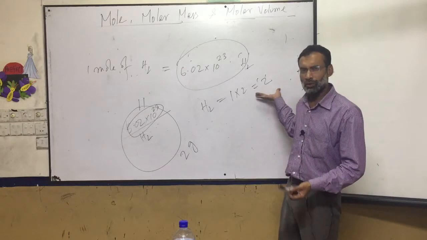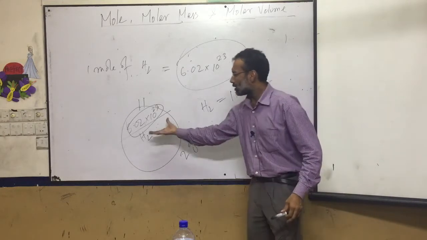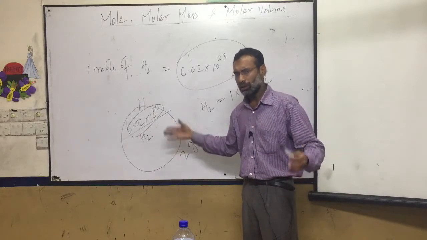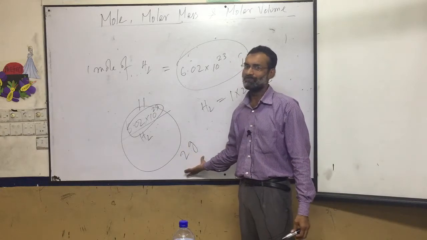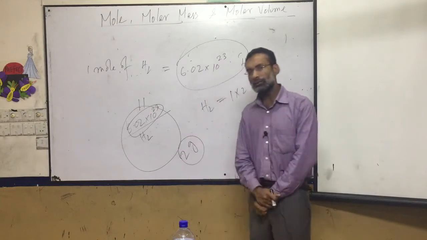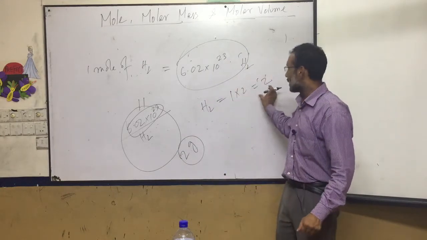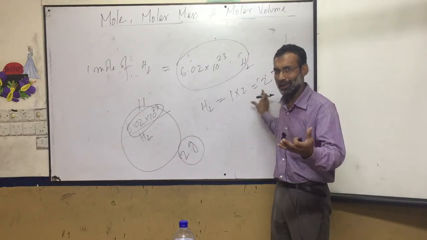Like the relative mass 2 is for 1 hydrogen molecule, and when Avogadro number of hydrogen molecules are together, we can call it 1 mole together in this balloon, we say this is 2 gram altogether. So 2 gram is the molar mass of hydrogen, and just 2 is the relative mass of hydrogen. So I hope this is clear now.